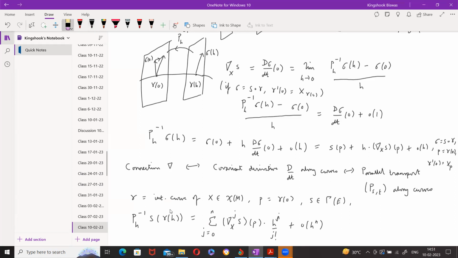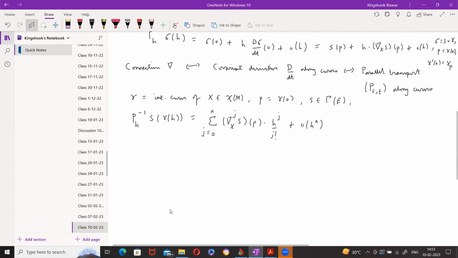Okay. Is this clear? Yeah. So in other words, I get a Taylor formula.